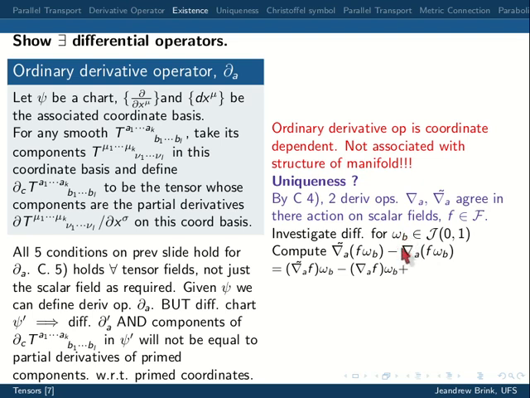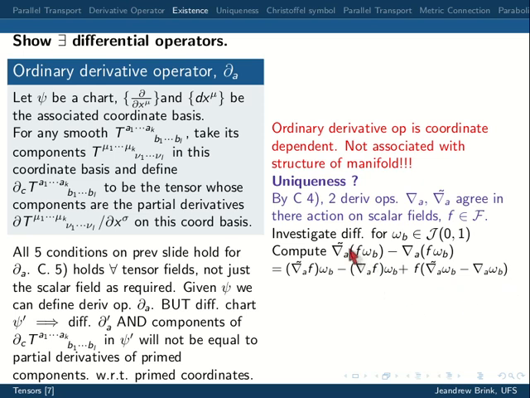We're first going to apply the derivative operator to f times wb. Okay, so that we're allowed to do because of Leibniz's rule. And then we're going to apply this derivative operator to the second one multiplied by the scalar. So we have f times this derivative operator applied to WB, minus the other derivative operator applied to WB.